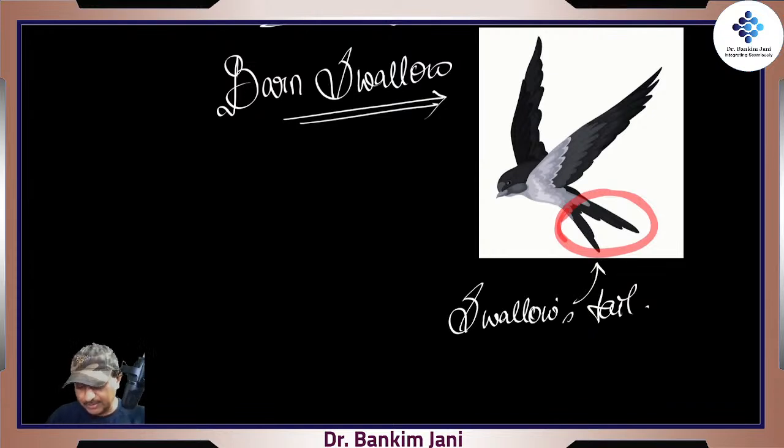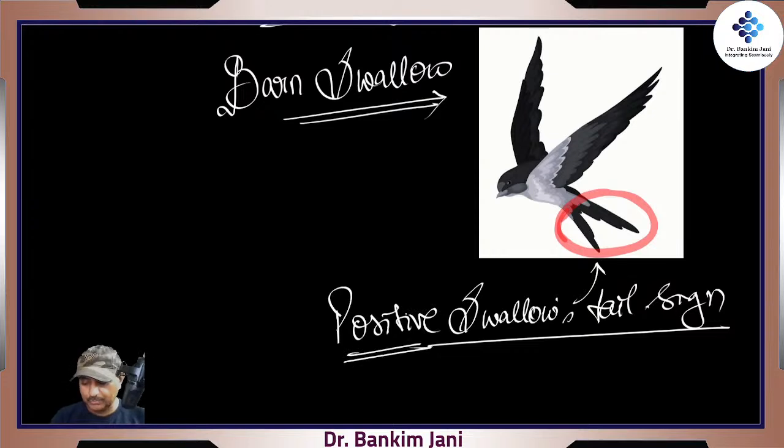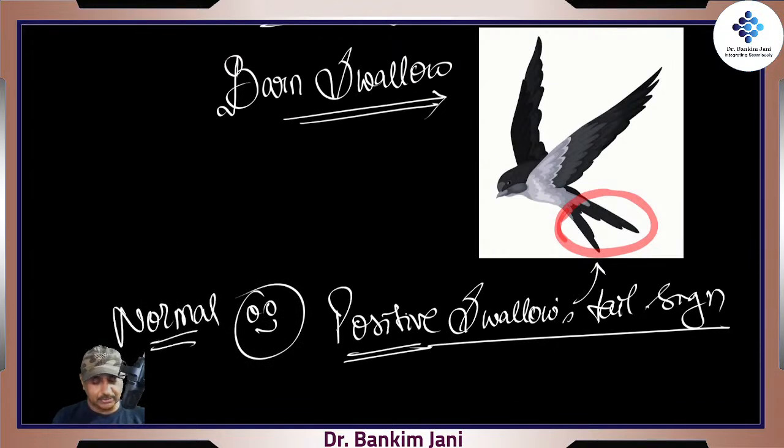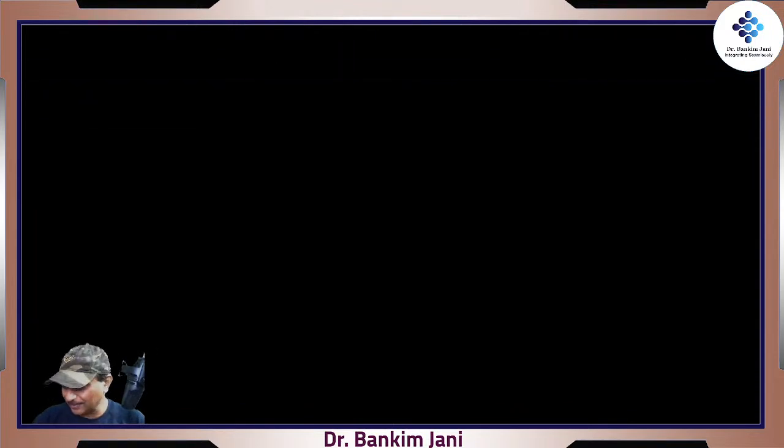When the structure looks like this, this is called the swallow tail sign. And if the structure looks like this, we say that yes, it is a positive swallow tail sign. That means this is a good thing, this is normal, right? Everything is well. So let's see how we say it, and then we'll talk about the abnormalities.